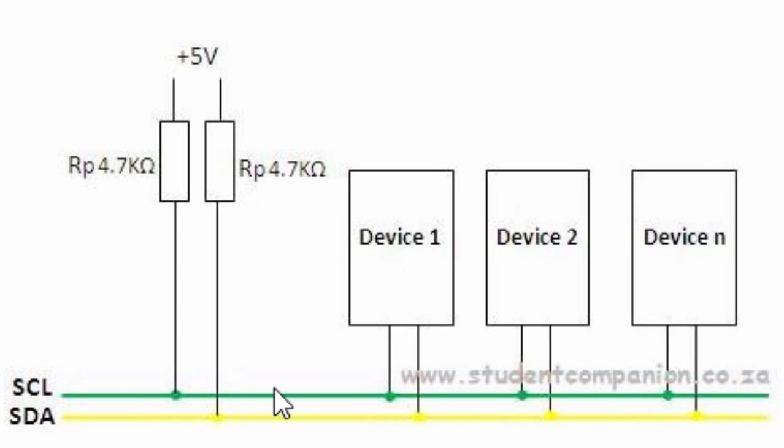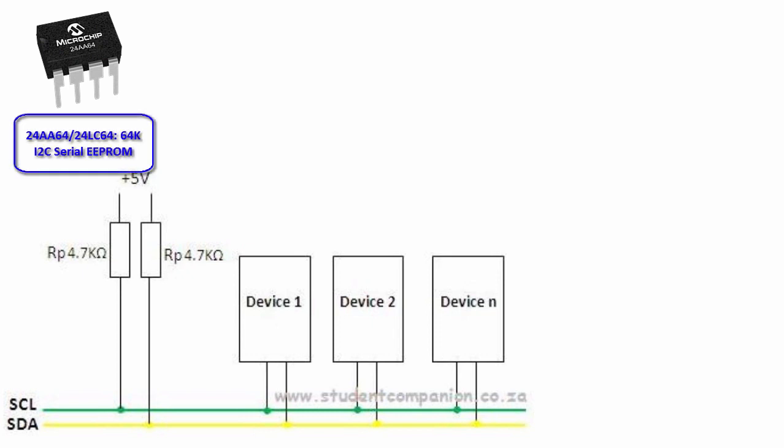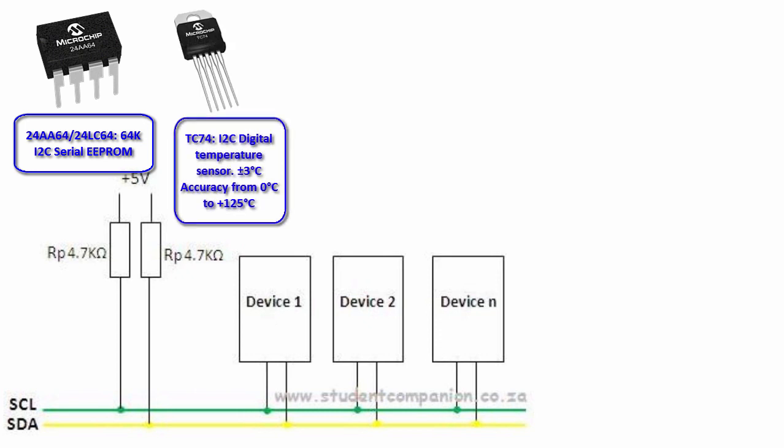The I2C bus is suitable when the microcontroller and the device with which it should exchange data are in close proximity, like on the same PC board. These devices can be memory modules like the 24AA serial EEPROM. They can also be temperature sensors like the TC74.